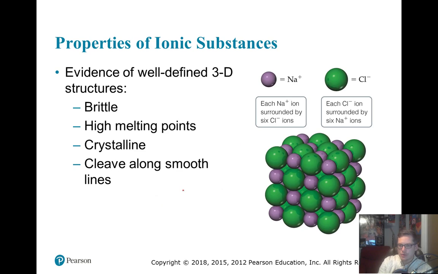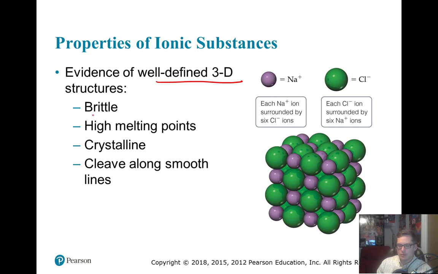Okay, here are some properties of ionic substances. They always have well-defined 3D structures. So you've got sodium chloride, and the chlorines are the green ones, sodium's the purple ones. Notice that they surround themselves with 6 ions of the opposite charge, and so they've arranged themselves in this nice little crystalline structure.